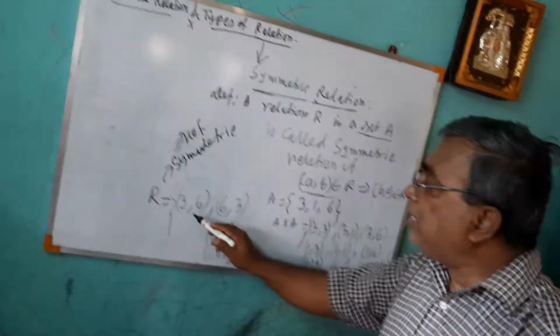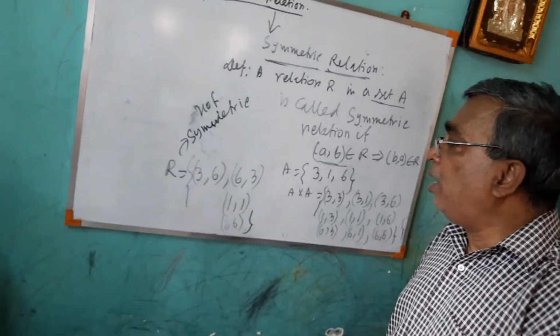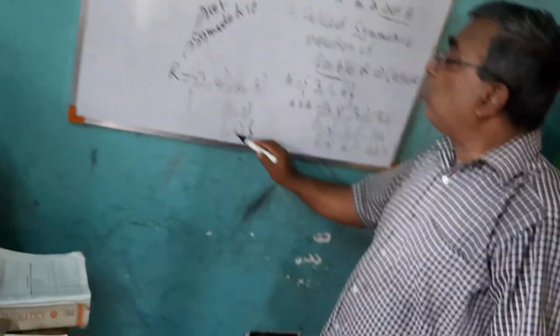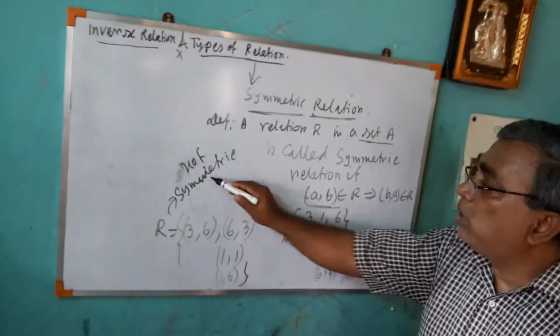In the earlier case, (3, 6) belongs to R and (6, 3) belongs to R, which is okay. But here (1, 6) belongs to R, but (6, 1) does not belong to R, so this is not symmetric.